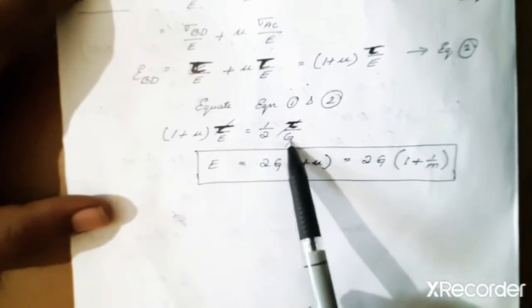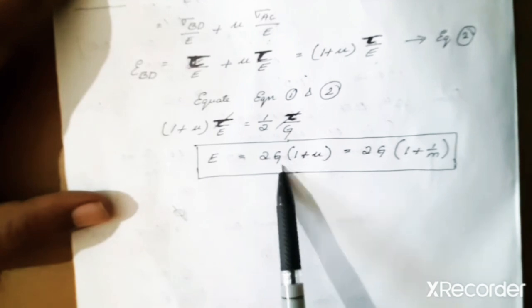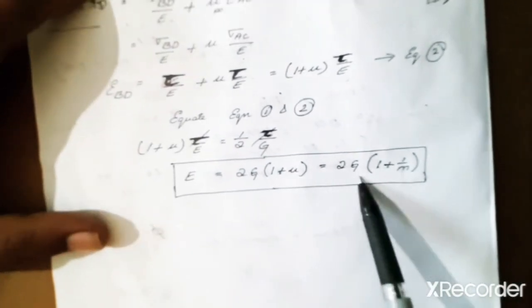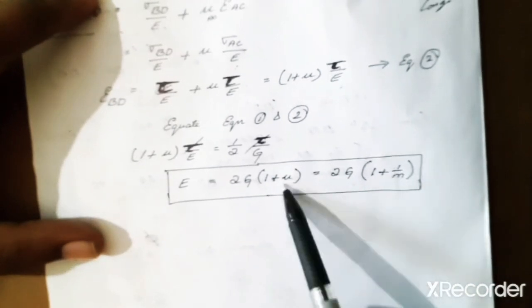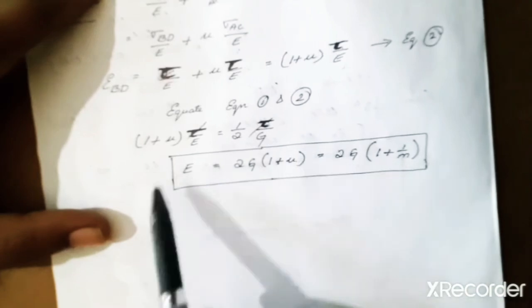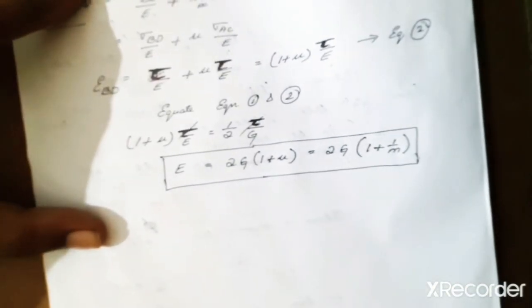What remains is E equals 2G into 1 plus mu. This is equal to 2G into 1 plus 1 by n. You know that mu can be written as 1 by n, right? So this equation gives the relation between E and G.